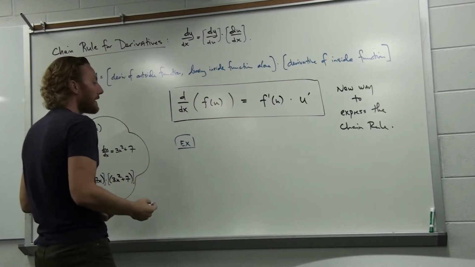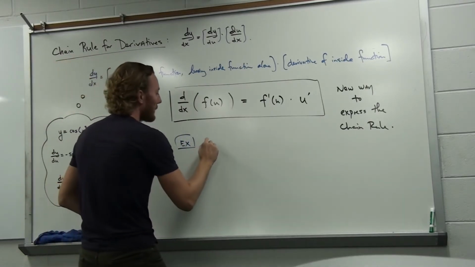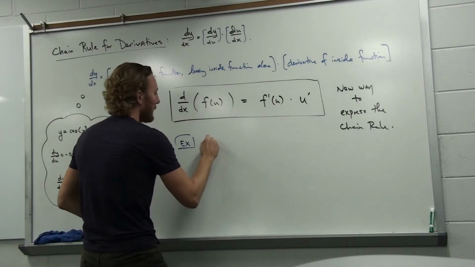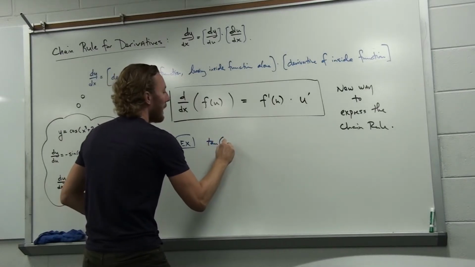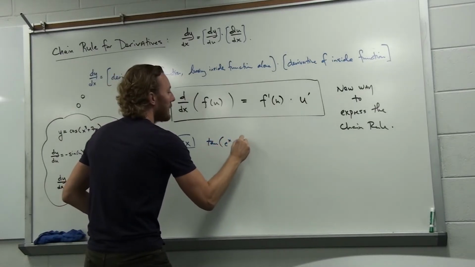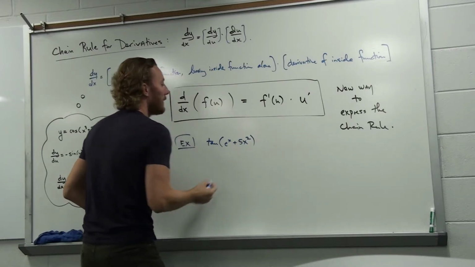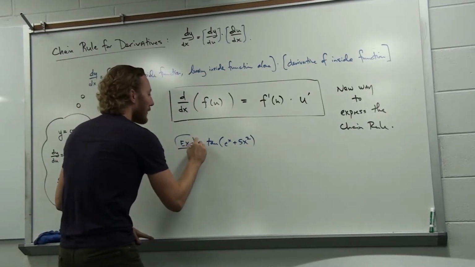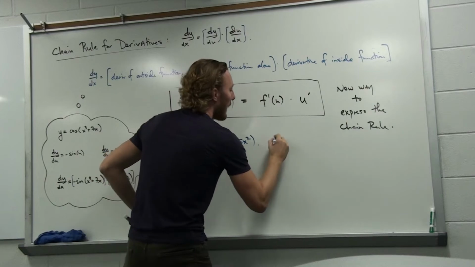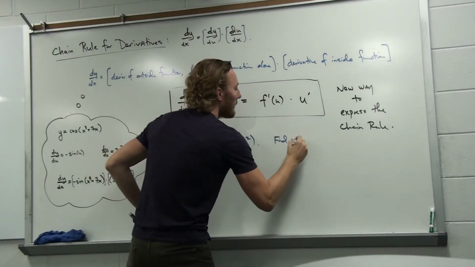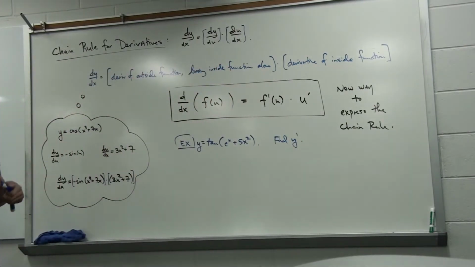So what if we had the expression, oh, I don't know, tangent of e to the x plus 5x squared. Let's say this is our original function, and we want to find its derivative. Totally doable. Because see, here's the thing.